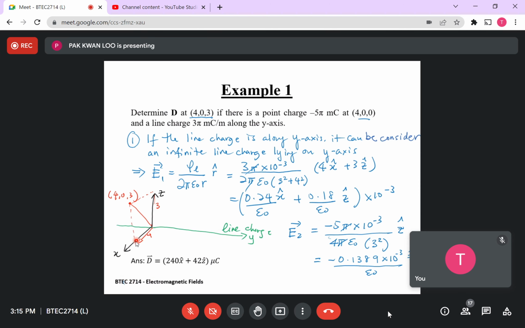The point of interest is 403. I have calculated the electric field, and now we can add both.